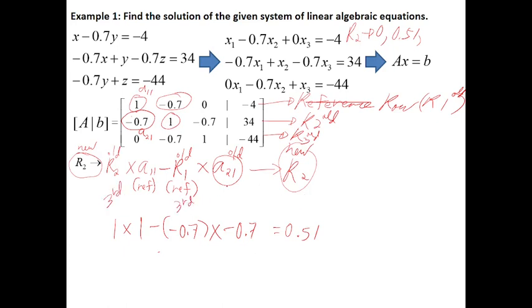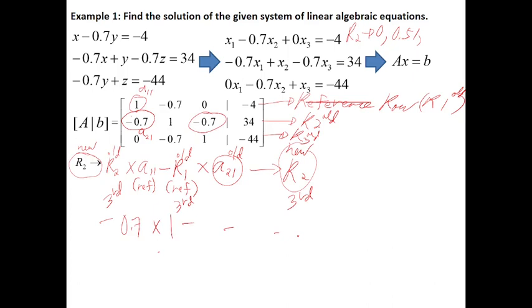Third, okay? What is our third element there? Row 2, third element, negative 0.7. A11 is 1. R1, third element, is 0. What is our A21 old?